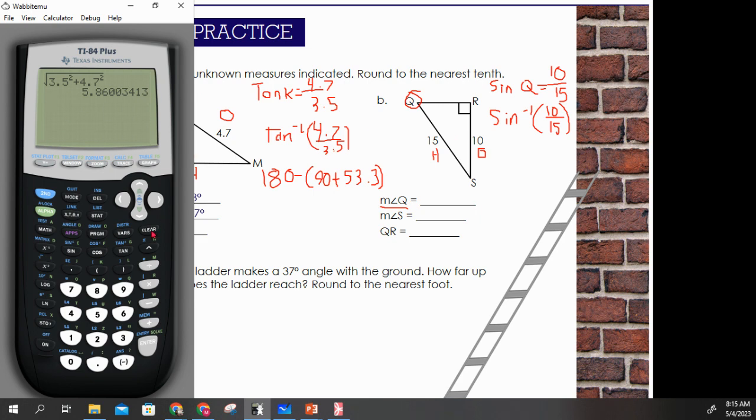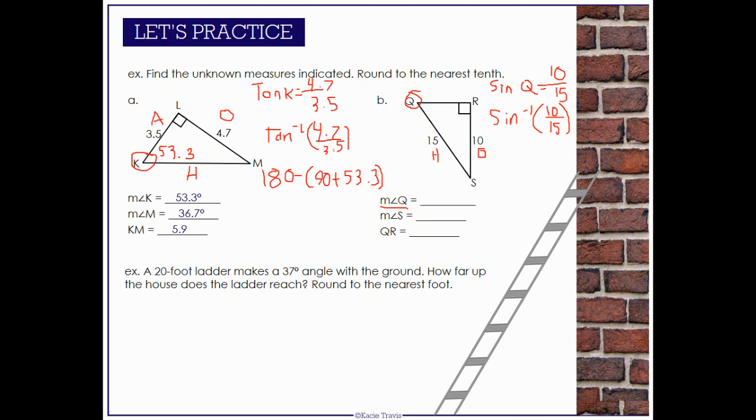Second sine, we got inverse sine here. We got 10 up top divided by 15 on the bottom, and we got our angle here. Now, they want the nearest tenth, so 41.8. All right, 41.8. Cool.